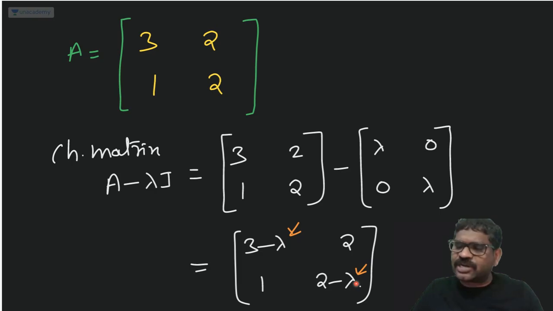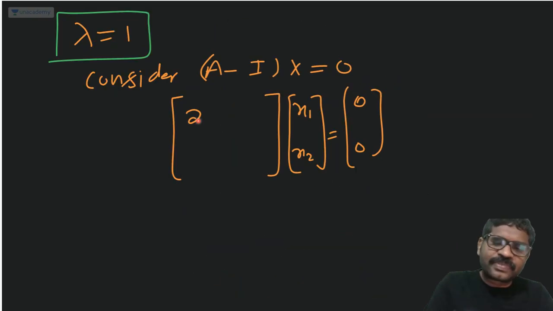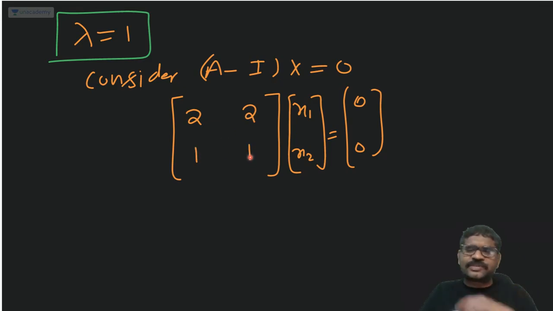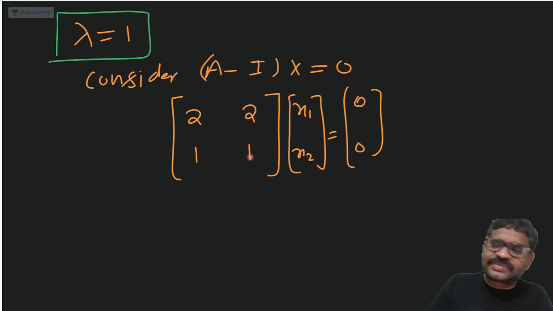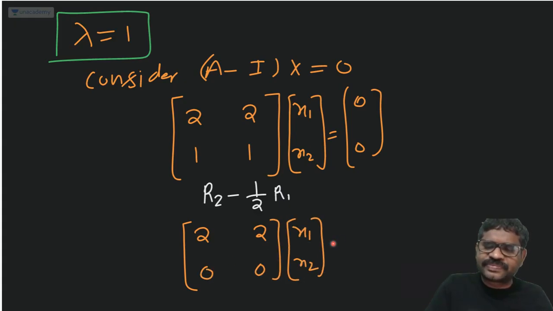3 minus 1, 2, 1, 2 minus 1, which gives 2, 2, 1, 1. It is a homogeneous system. To solve this homogeneous system, apply the operation R2 minus 1/2 of R1, giving 2, 2, 0, 0 times x1, x2 equal to 0, 0.